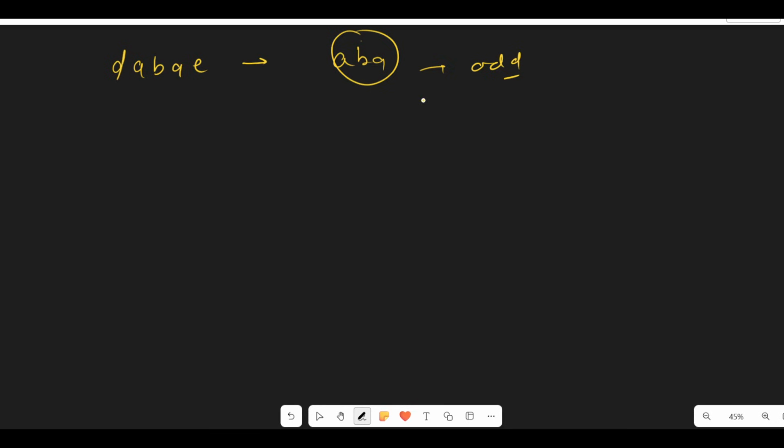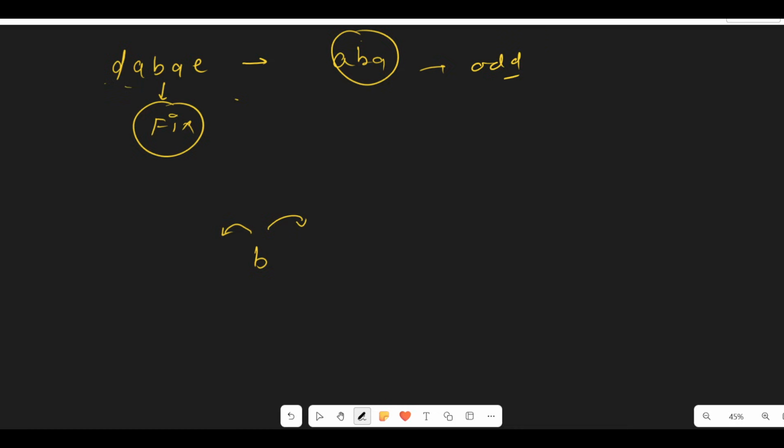Now to find the odd length palindrome, one thing we can do is fix a character and compare the left and right of it. For example, in this string, suppose we fix B. Then we will check the left part and right part of it.